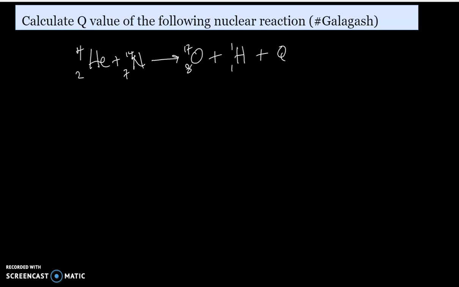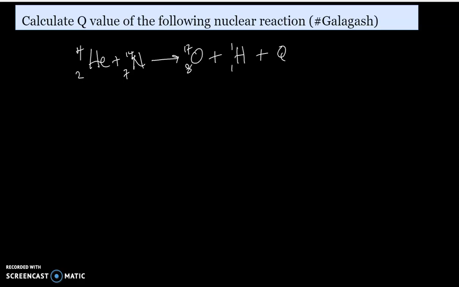Before we dive into calculation, I would like to explain what the Q value is in physics or even in chemistry. The Q value for a reaction is nothing but the amount of energy absorbed or released during the nuclear reaction.